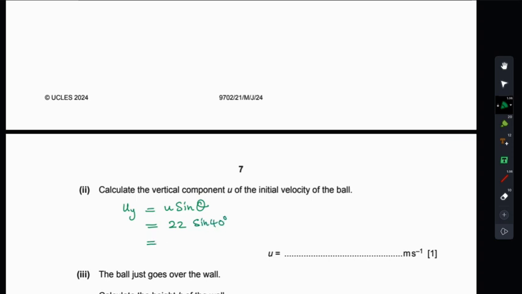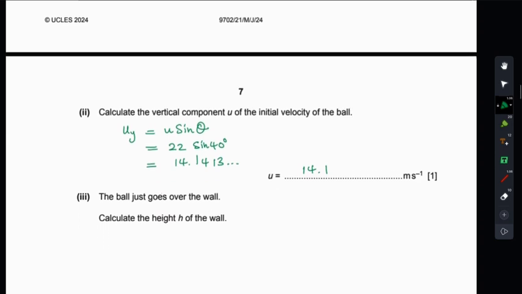That gives us 14.1413 and so on. So u_y is 14.1 meters per second.